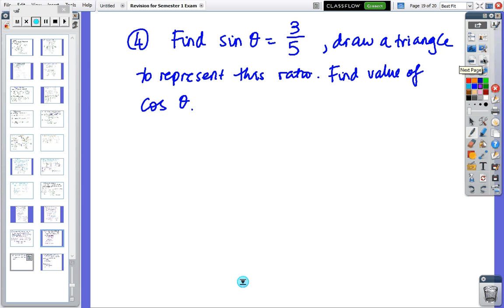Find the value of cos. Okay, so I'll just get you started. So there's theta. That's the opposite, which is 3. That's the hypotenuse, which is 5. So you've got to use Pythagoras to find the missing side, and then you'll have tan, cos. Okay, so call this x.